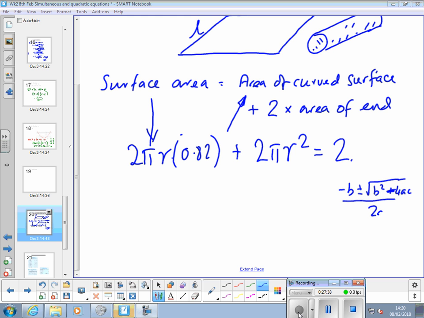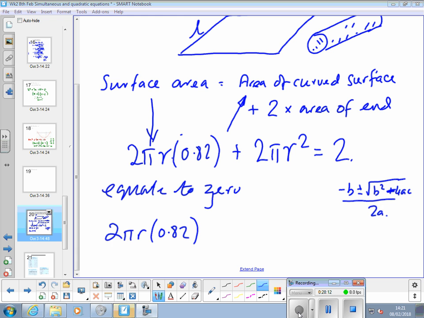It requires this to be in a form that equates to 0, with the square term here, because then that's in a, b, c. I'm annoying you now, aren't I?